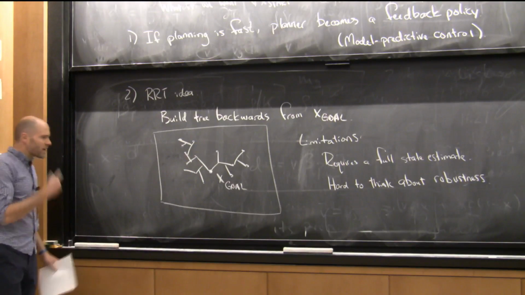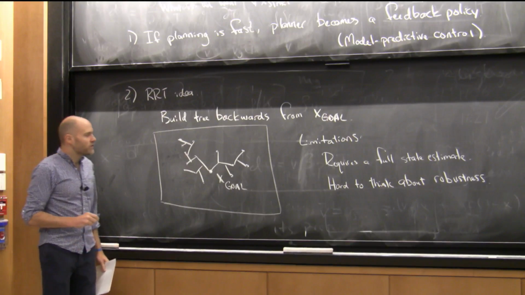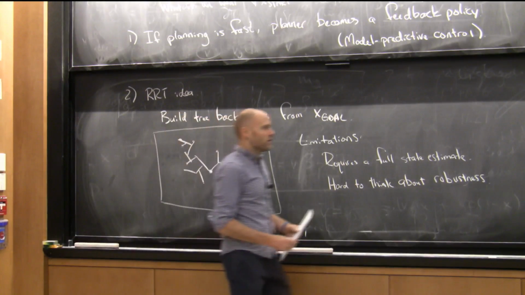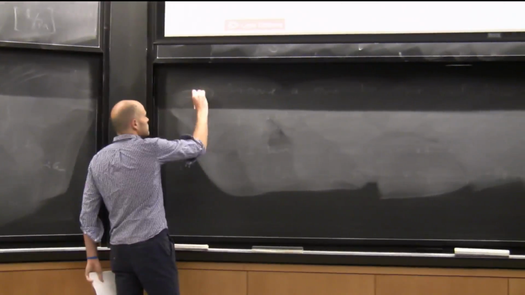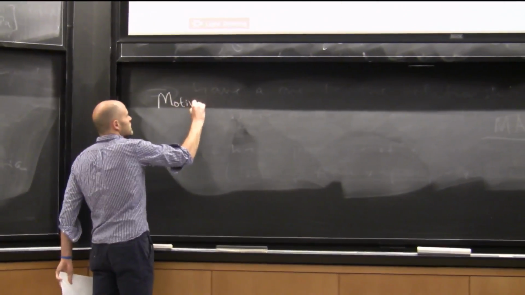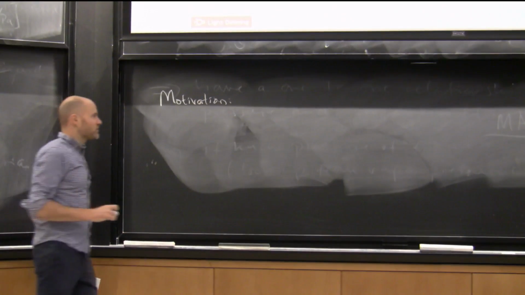Okay, and let me say it from a different perspective. From a practical perspective, I have a chair in the middle of my workspace. So imagine you're Boston Dynamics, right?